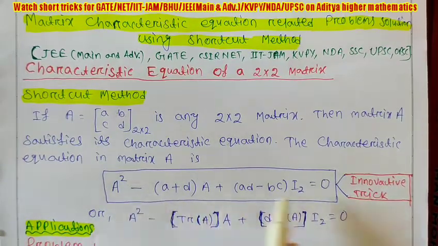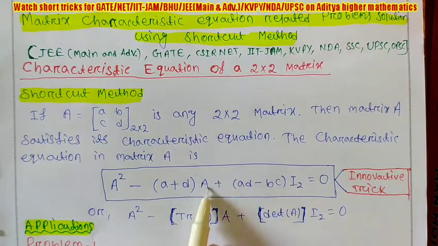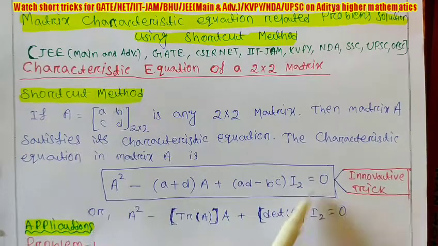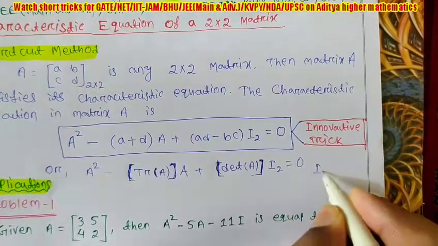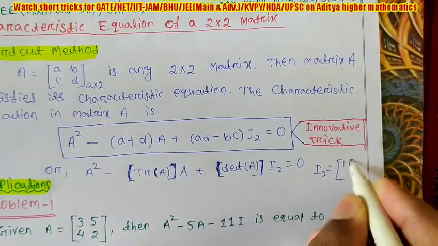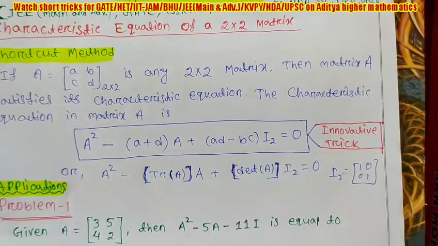And what is that characteristic equation? A square minus (a plus d) A plus (ad minus bc) I2 equal to 0. And note that I2 is the identity matrix of order 2, simple matrix property.